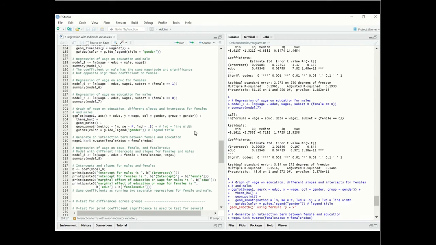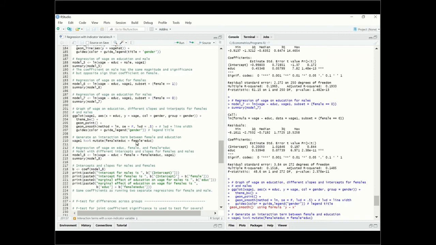Now, we can estimate this model with one regression. So instead of just subsetting the data and estimating this model here for females and this model here for males, we can accomplish this with one single model, and that is how. Let's go ahead and generate an interaction term between female and education.